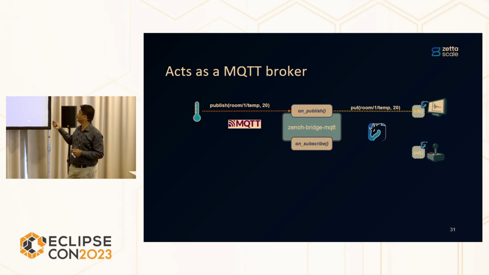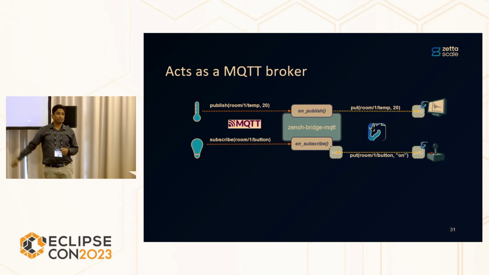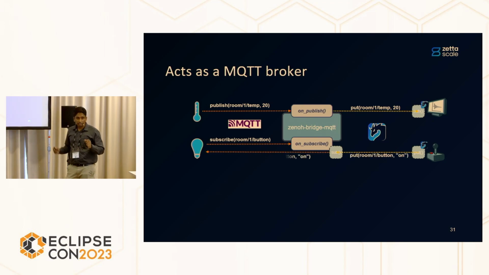And whenever there is a subscriber detected on the MQTT side, we have onSubscribe call being called and it creates a subscriber for Zenoh. And when data is published, it puts it into the MQTT. Even here, you don't have to change your application code. Just deploy the bridge, configure the topics which you want to publish to, and Zenoh does the job.